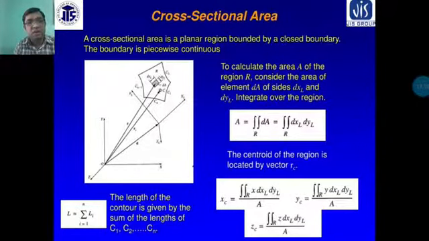The contour is given by the sum of the lengths: L equals the summation from i equals 1 to n of Li, where the length values are considered, and C1, C2, up to Cn are the constant values considered accordingly.